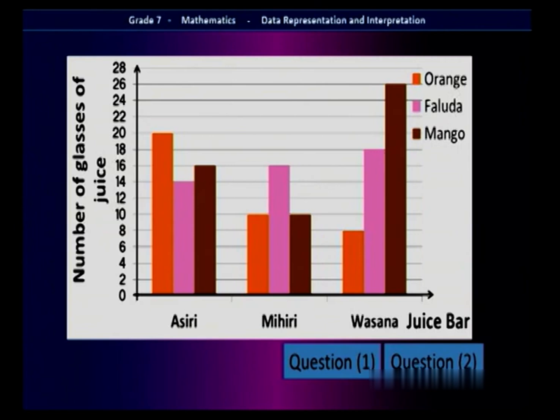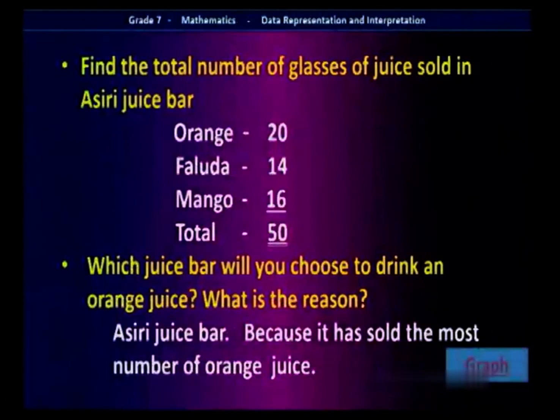What is your answer? Then Asiri juice bar, because it has the most number of orange juice. Okay, then dear kids, now we should go to another one. Then this is the question. What is it? You can read it now.